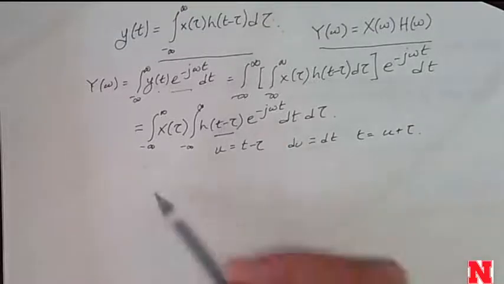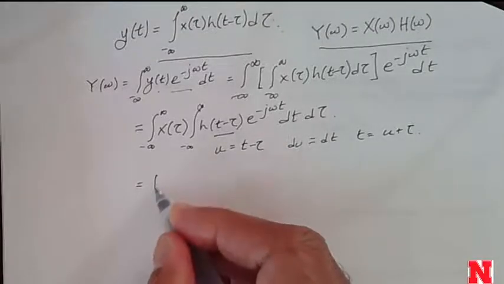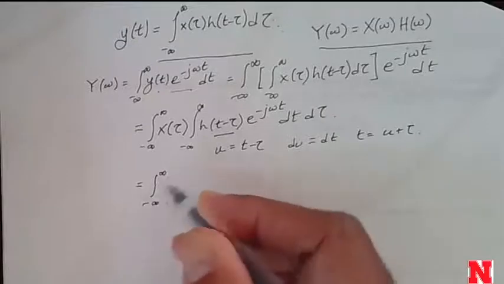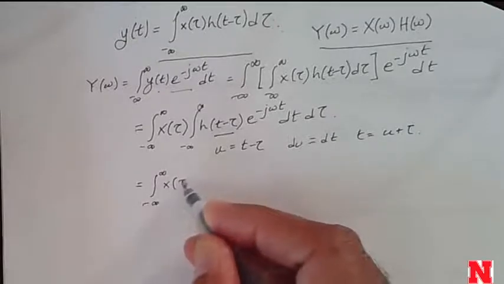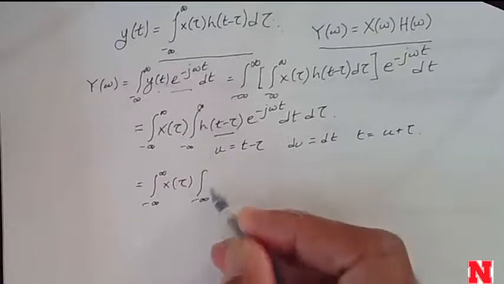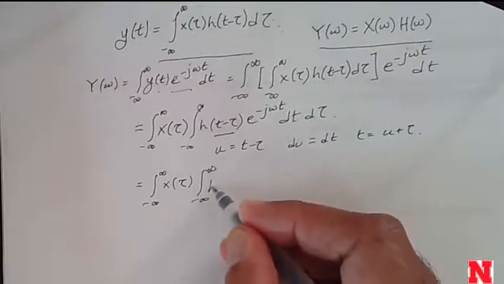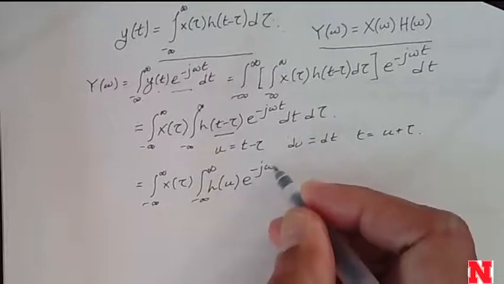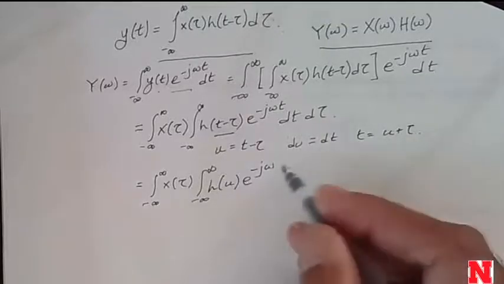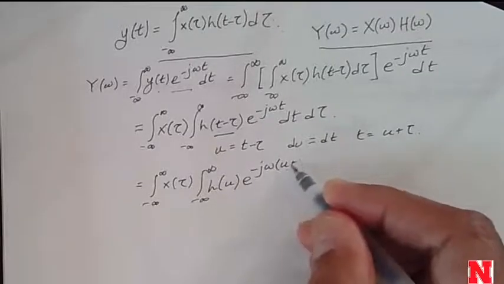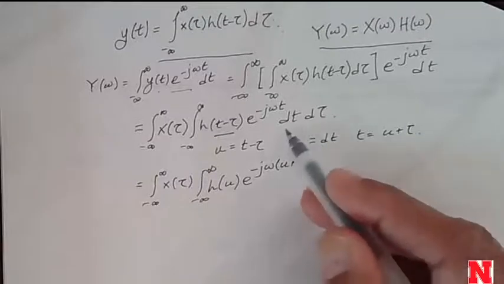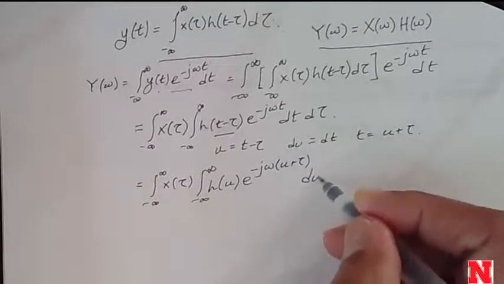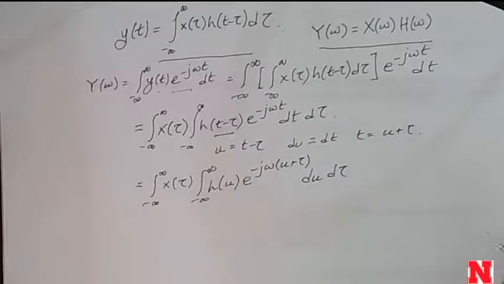Plugging all of that in, I get the integral from minus infinity to infinity of x of tau, times the integral from minus infinity to infinity of h of u, e to the minus j omega, and now instead of t I have u plus tau, and instead of dt I have du, and then d tau.